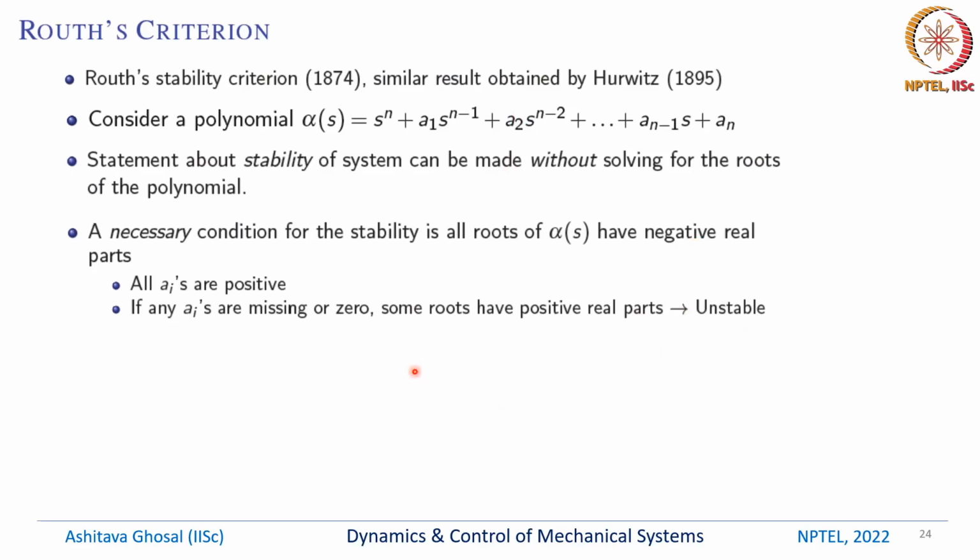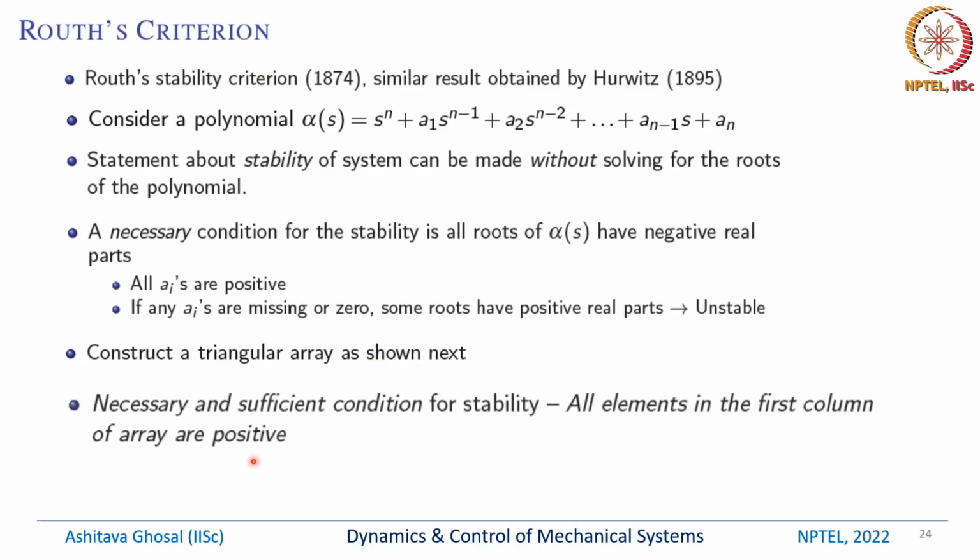So these are some simple necessary conditions. And how do I find out? We construct what is called a triangular array, and this is shown next. The necessary and sufficient condition for stability is that all elements in the first column of this triangular array must be positive. And this is Routh's criterion, or also sometimes called the Routh-Hurwitz criterion.